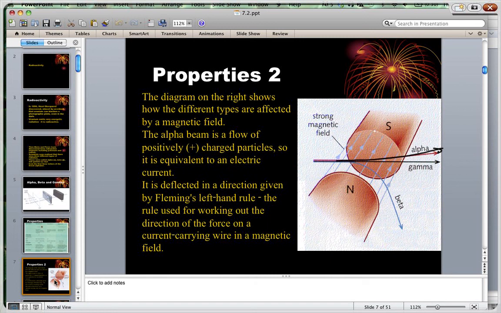Now why is the beta particle bending much more than the alpha particle? That's right, your alpha particle is hugely much bigger. It's about a 40,000 difference. So you can imagine a truck going along the road, a car hits into it.